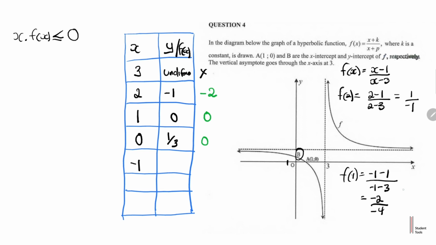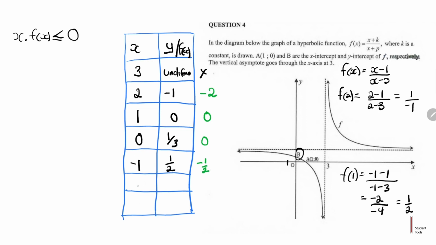So here we're getting a positive half. So here we'll have 1 over 2 as the y value, or f of x. And then what do we get when we multiply x and f of x? Negative 1 multiplied by positive half, that is negative half.